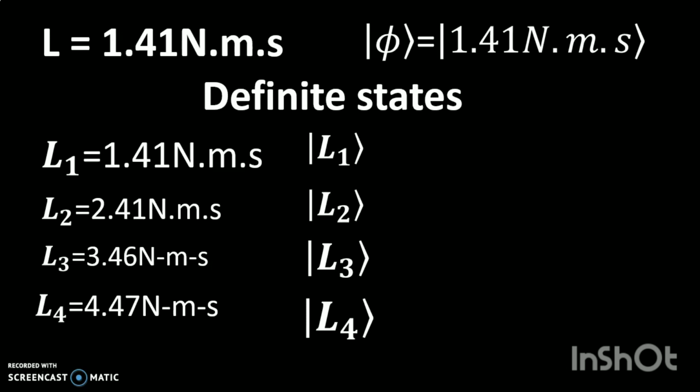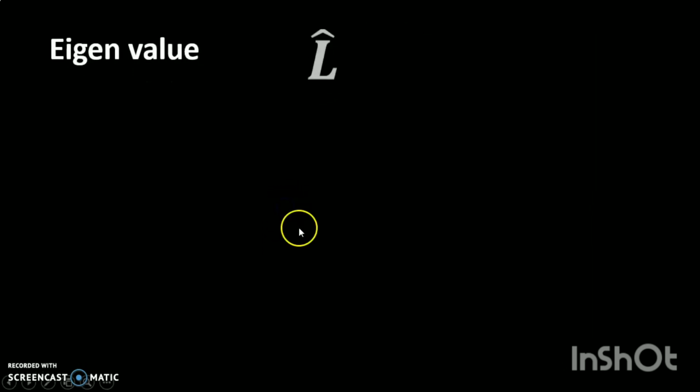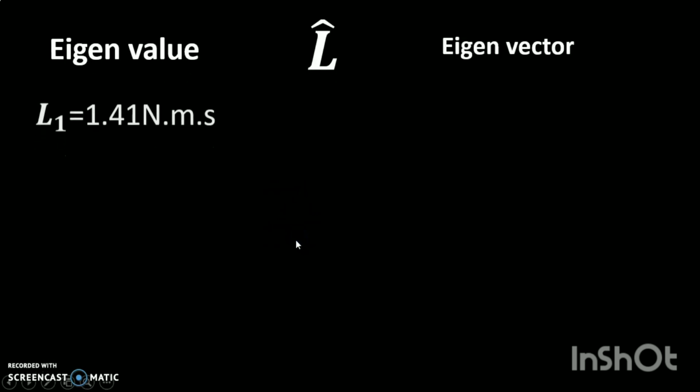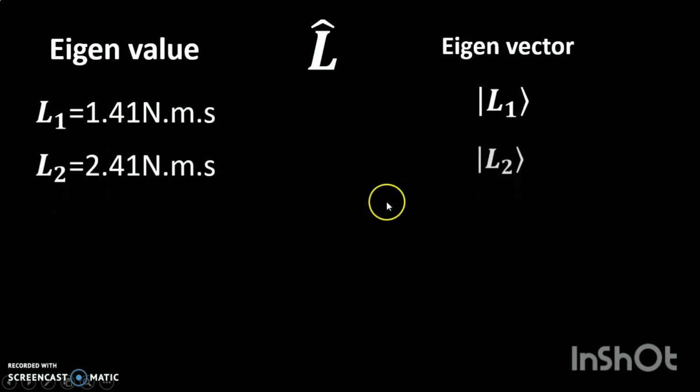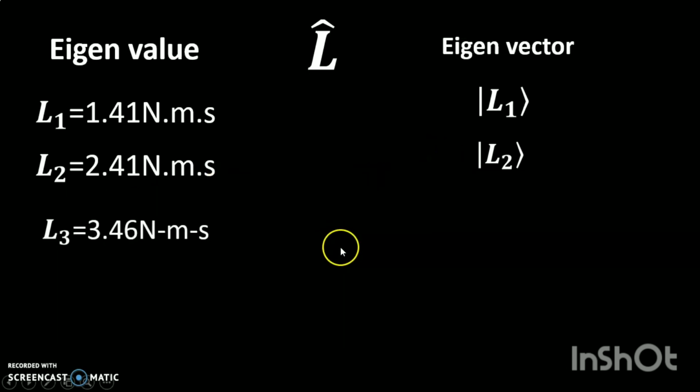I don't know about you, but to me this screams eigenvalues and eigenvectors, and this is the right direction to head. So this is the eigenvalue and this is the eigenvector, and so on.